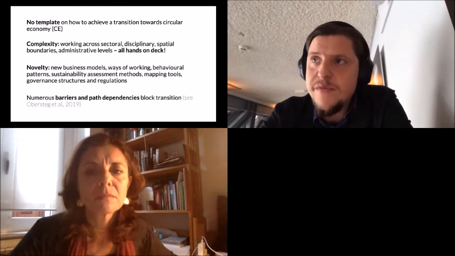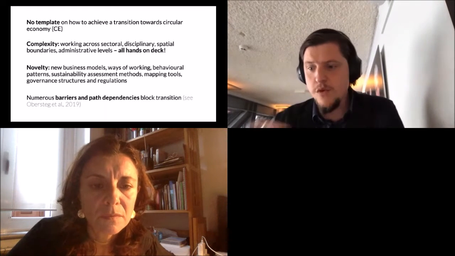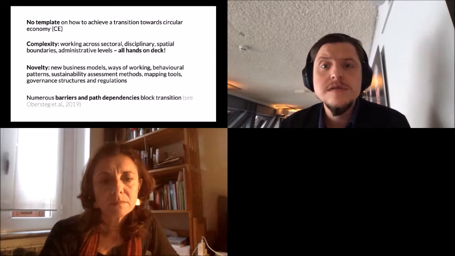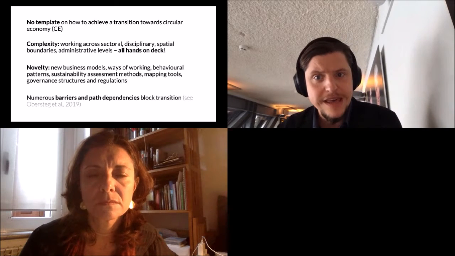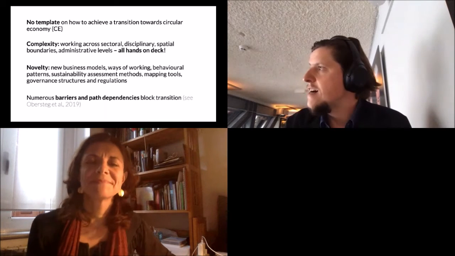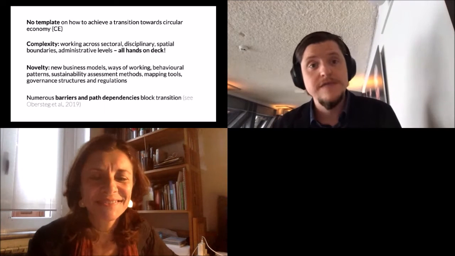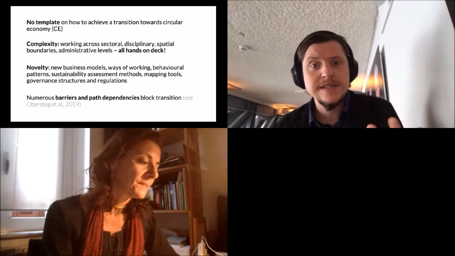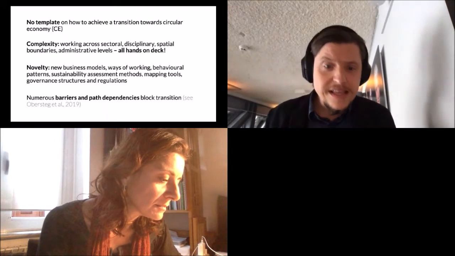And again, this is something that we discussed a lot in the morning, because moving on towards circular economy requires working across sectoral, disciplinary, and spatial boundaries, but also administrative levels. So it really requires all stakeholders related to a given, for example, value chain to be involved in this. And it requires an all-hands-on-deck approach. And that is extremely challenging.